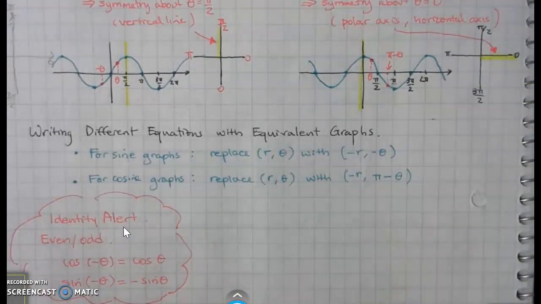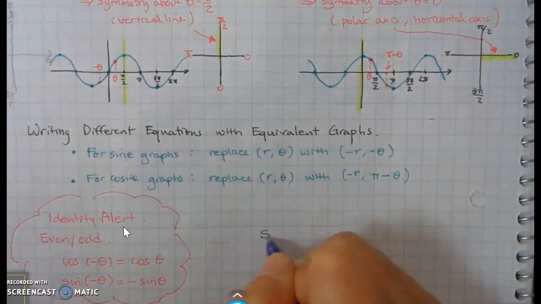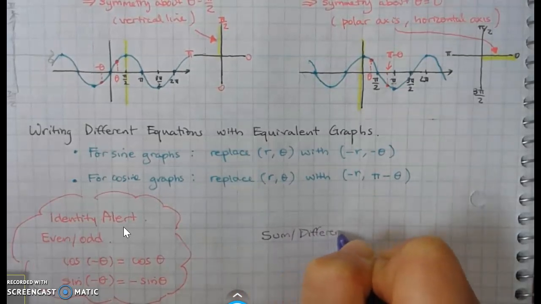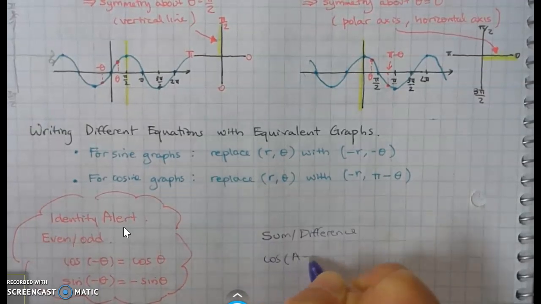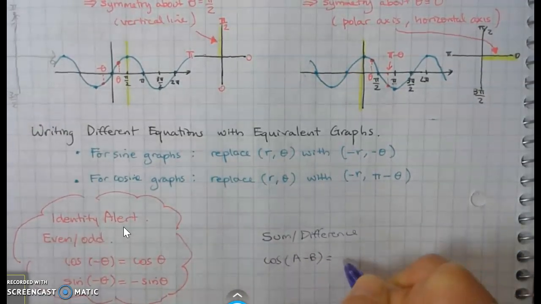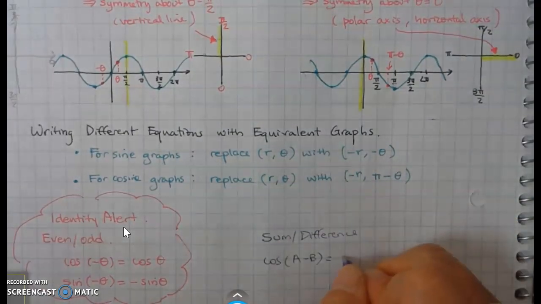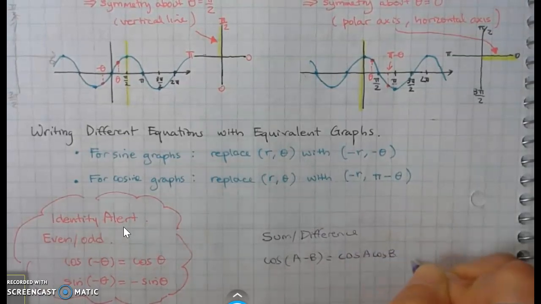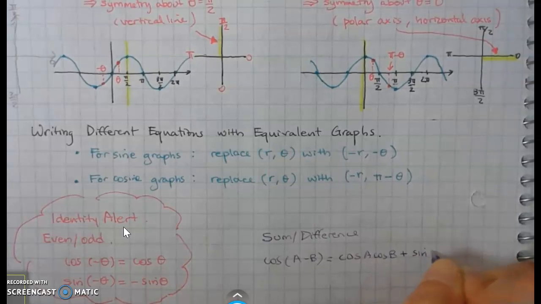Another thing that you need to keep in mind is the sum and difference identity, which says that cosine of a minus b is the same as, remember, cosine cosine sine sine: cosine a cosine b, and then change the sign, sine a sine b.